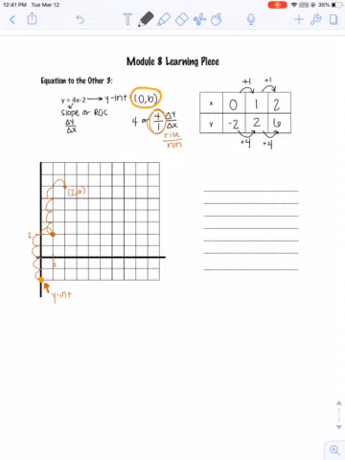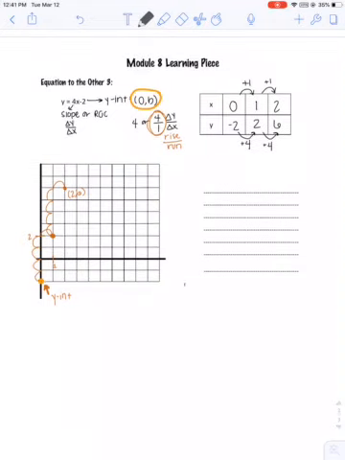Finally, let's talk about the situation. So remember, we can think about our slope as our rate of change, and then our y-intercept as a constant. And these are usually easier to write in terms of money, so that's what I'm going to talk about.